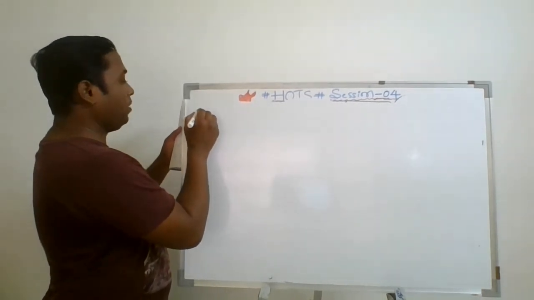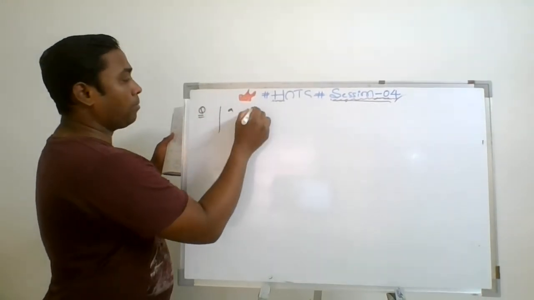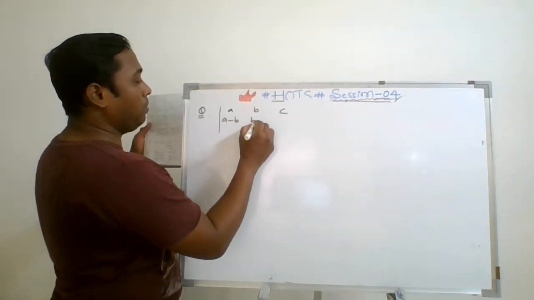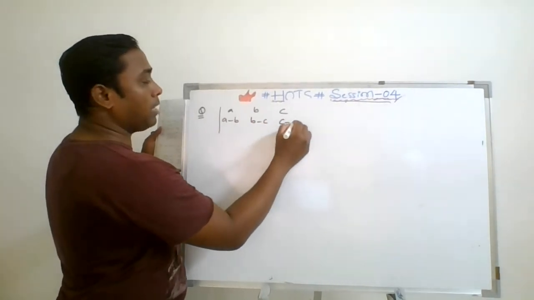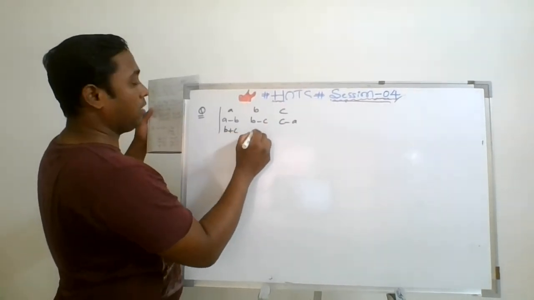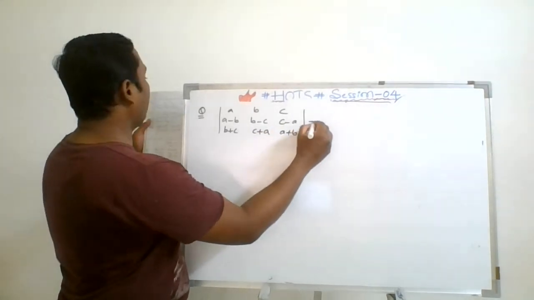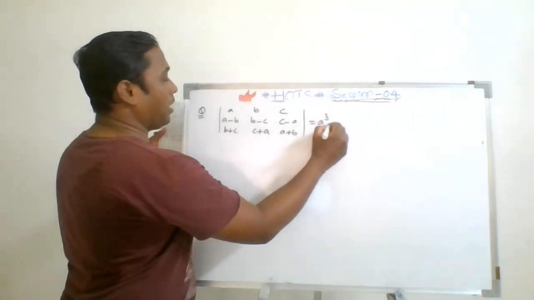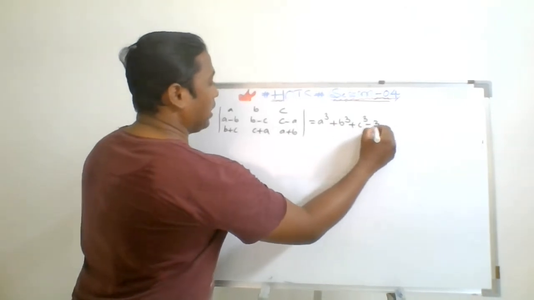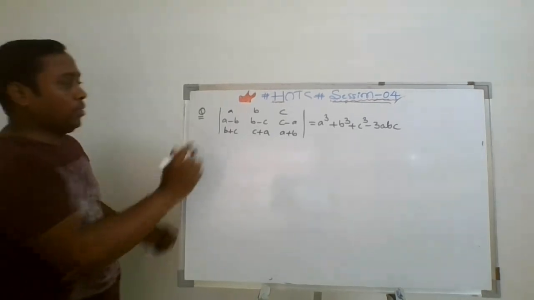Simply they have given the question here: A, B, C, A minus B, B minus C, C minus A, and then B plus C, C plus A, A plus B, which you need to prove is A cube plus B cube plus C cube minus 3ABC. This you need to prove.